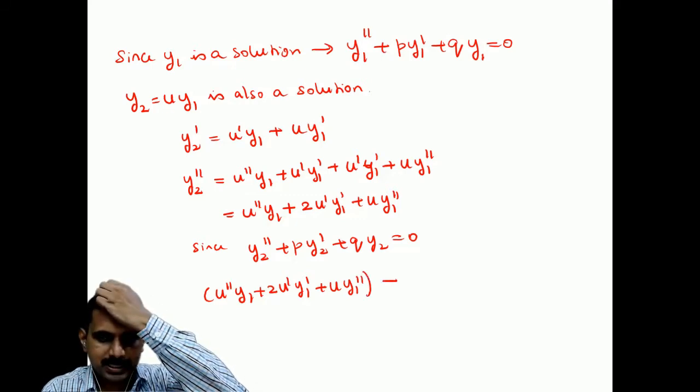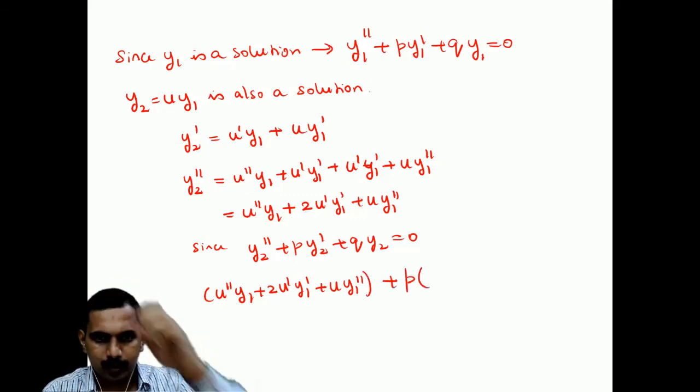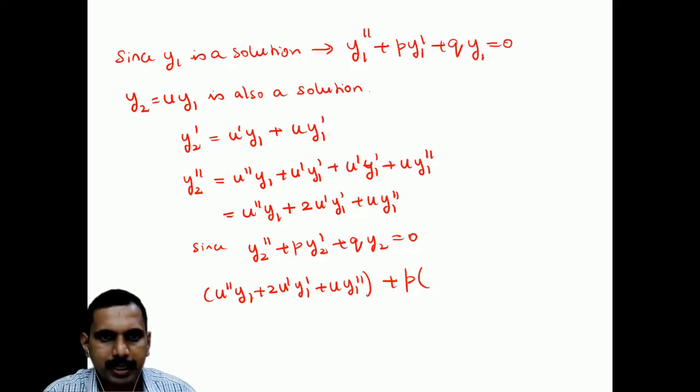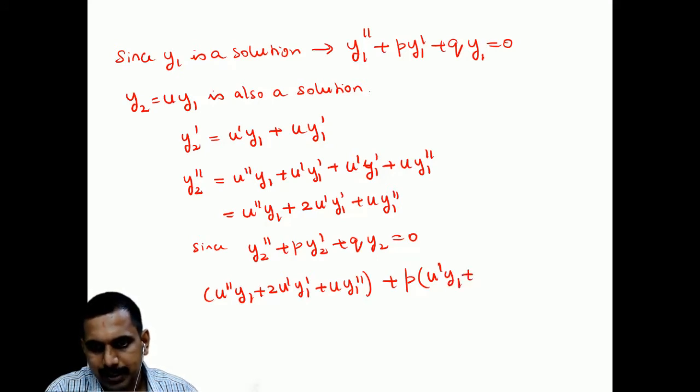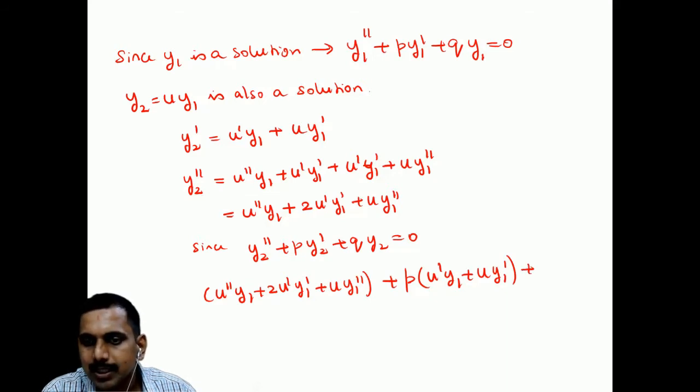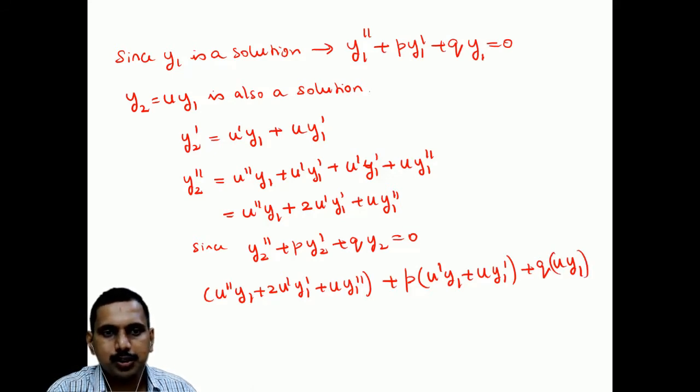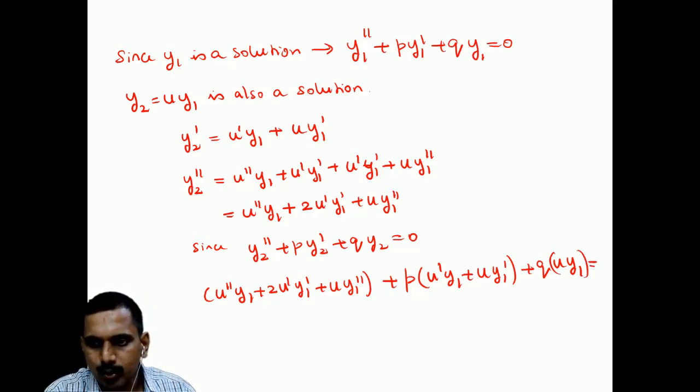And here plus P into y2 dash. What is y2 dash? U dash y1 plus U y1 dash, correct, plus Q into U into y1, correct, because y2 is U into y1 is equal to 0, correct students?